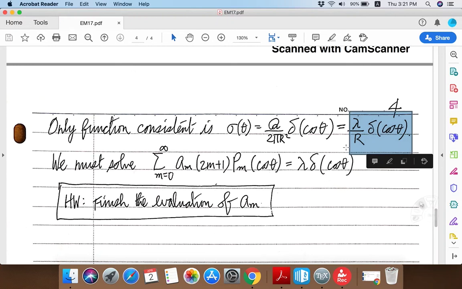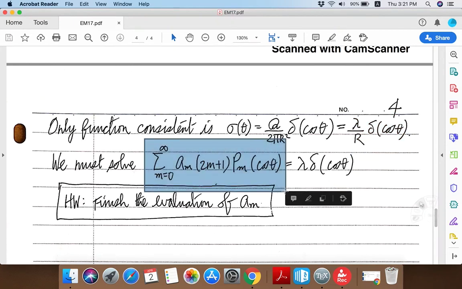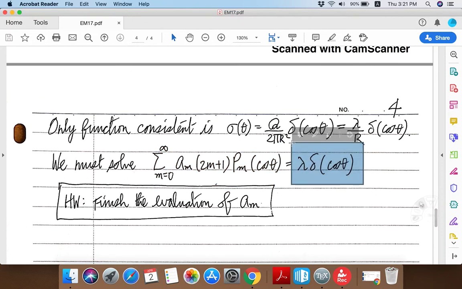And the problem reduces to equating this left-hand side, which is an infinite sum of the various Legendre polynomials, to match the delta function on the right-hand side.